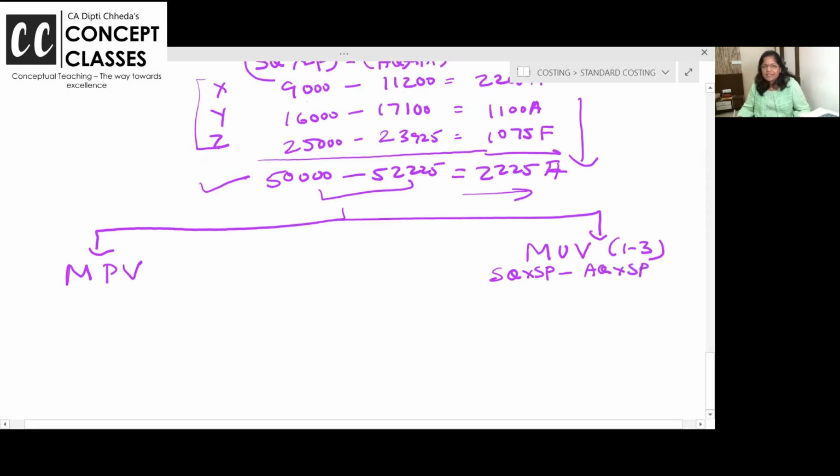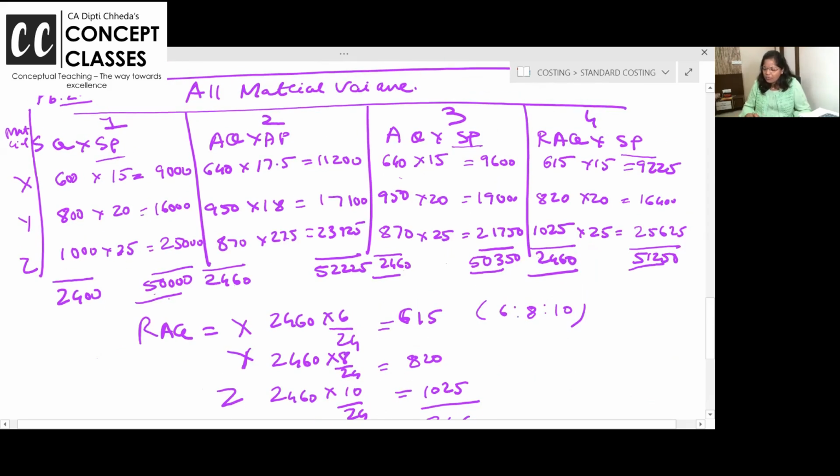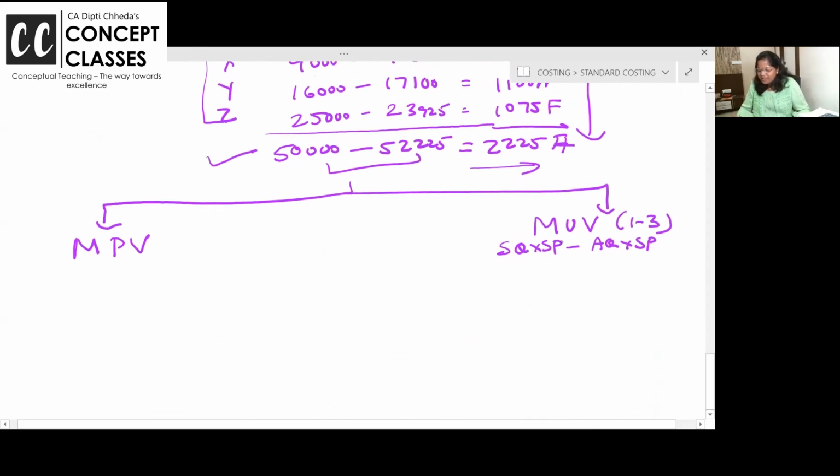Now look at this. 1, 2, 3, 4 column ke naam yaad hue ya nahi aapko? What is 1? Standard quantity, standard price. What is 2? Actual quantity, actual price. What is 3? Actual quantity into standard price. Now here I am talking about usage and only quantity is differing. Price the same hai. Are you all getting?